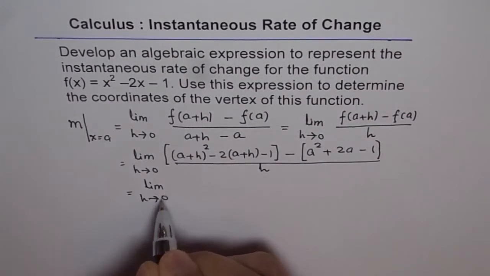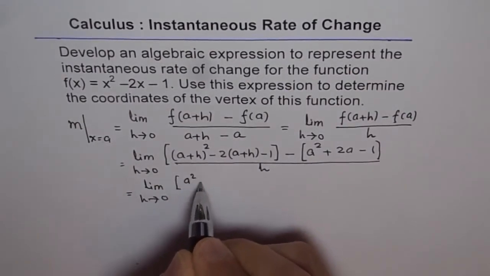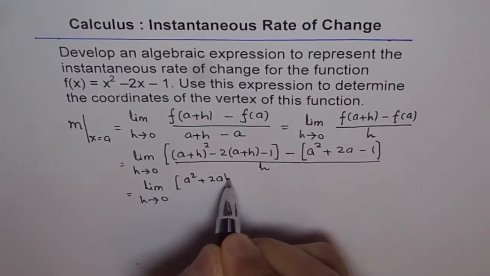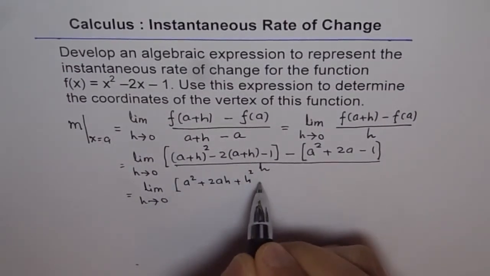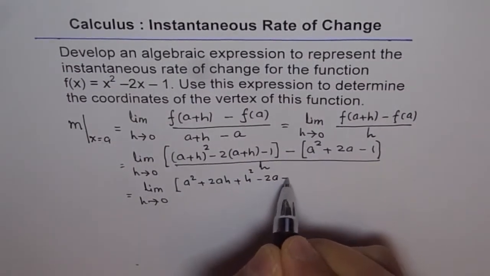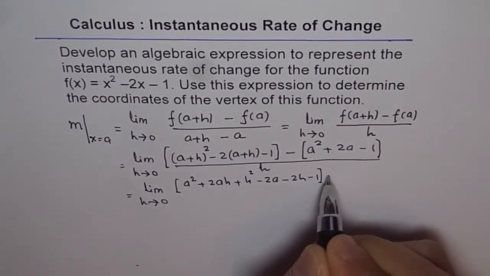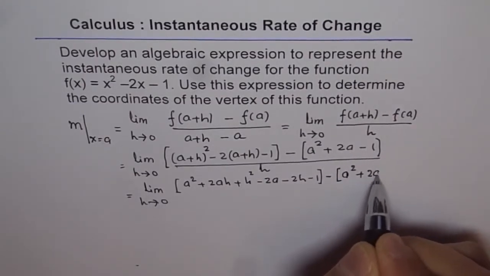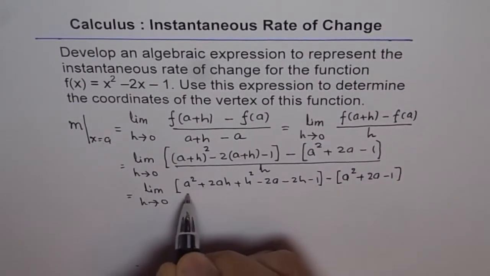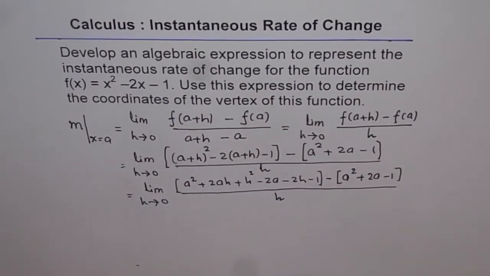So first expand: a squared plus 2ah plus h squared, open this bracket, minus 2a minus 2h, and then we have minus 1, minus of a squared minus 2a minus 1, over h.